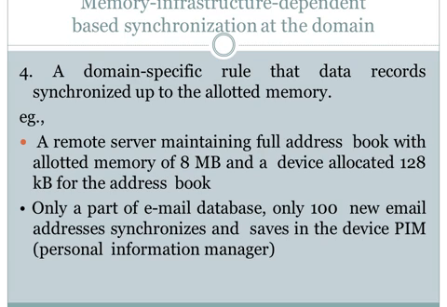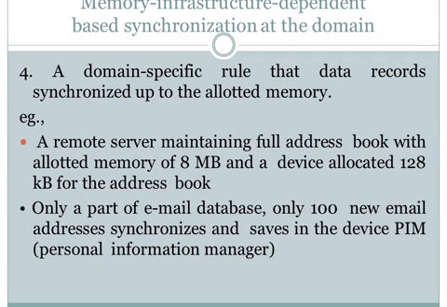KB. So what it means is that only a part of the database can be synchronized to the client. Not the complete address book, but let us say for a particular client only 100 records from the server can be synchronized, because there is a limitation on the memory at the client.